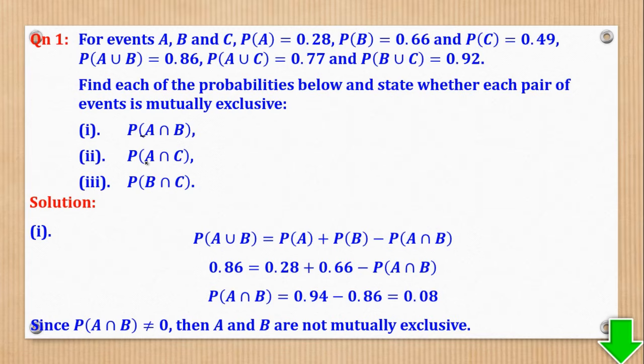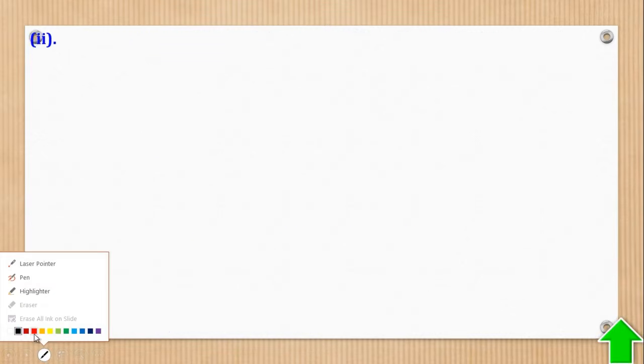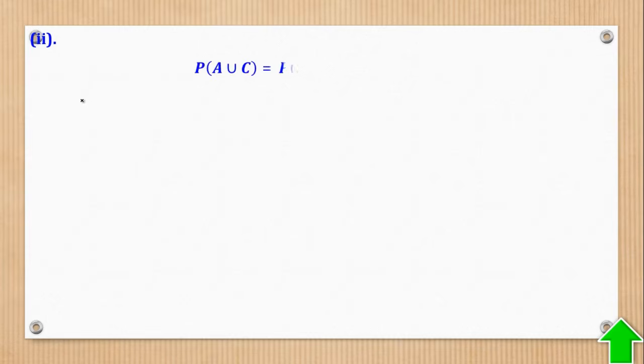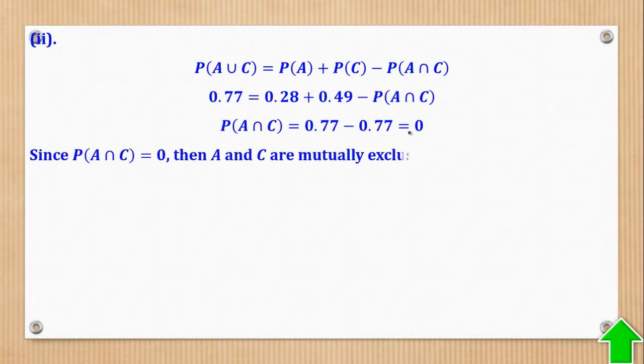What about event A and C? So we shall do the same for event A and C. So still start from the union of events, then substitute, and then make the intersection the subject. It is 0, that means that A and C are mutually exclusive.